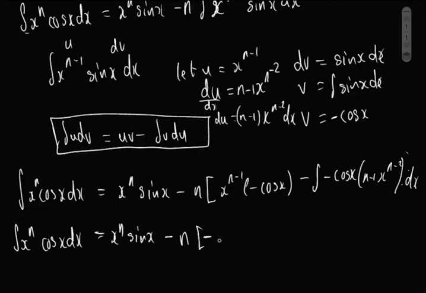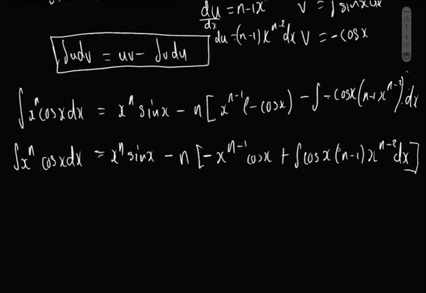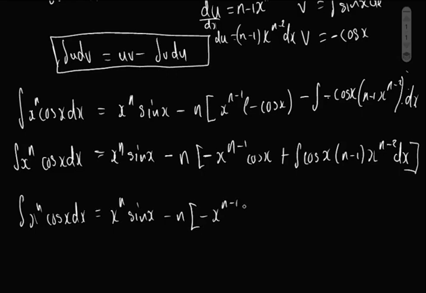Negative cos times that is negative x^(n-1) cos x. Then minus becomes plus, so it will be plus the integral of cos x multiplying (n minus 1) x^(n-2) dx. And I see that this n minus 1 is a constant, I'll throw it out. So therefore the integral of x^n cos x dx is equal to x^n sin x minus n for now, minus x^(n-1) cos x plus the integral.